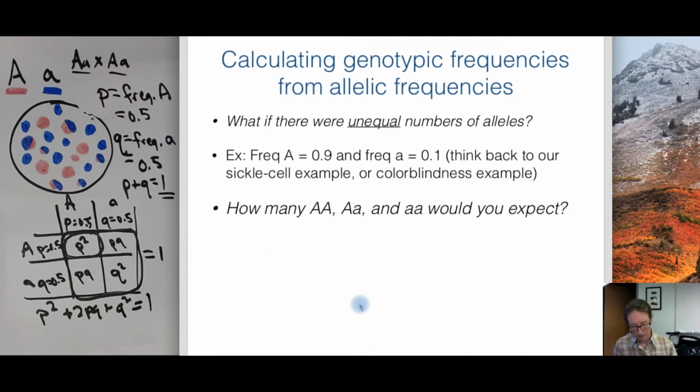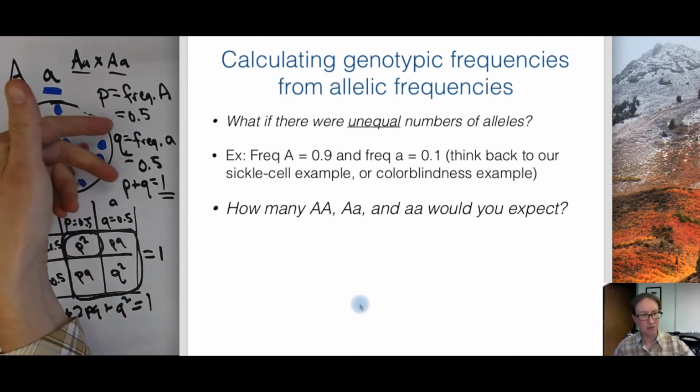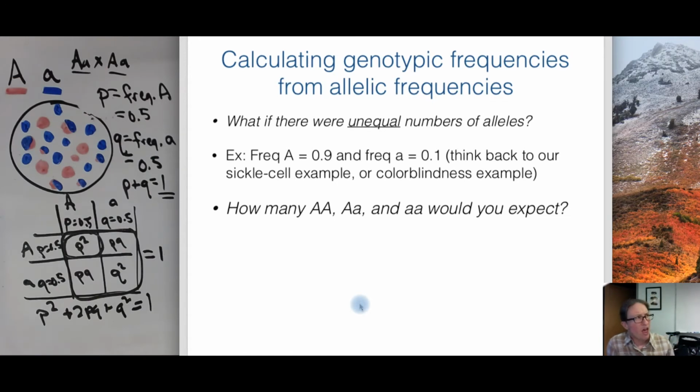Okay, so that's fairly simple when you have equal allele frequencies for P and Q, 0.5 each. But there are cases in populations where there are unequal numbers of alleles. Just to give you one example, we talked quite a while ago about how even though the O blood type allele is recessive, it's actually the most common allele in the human population.